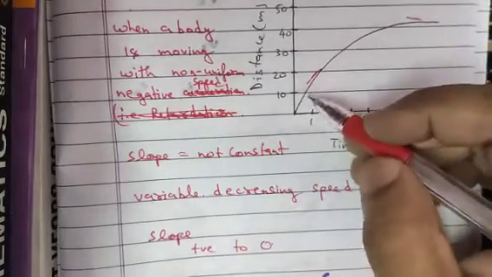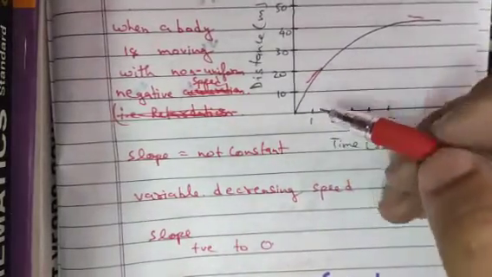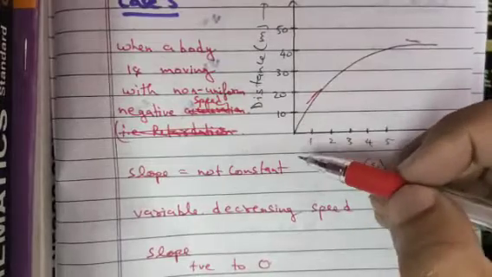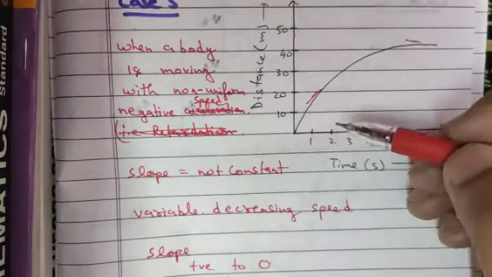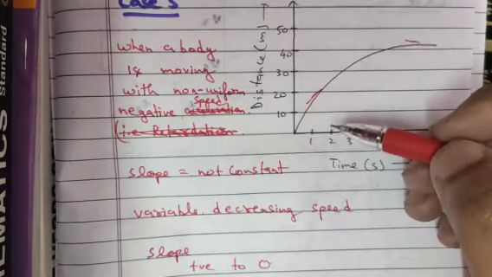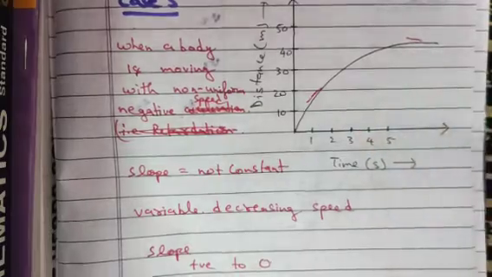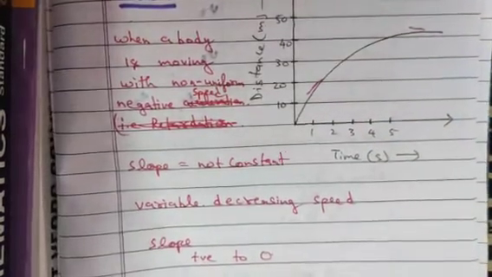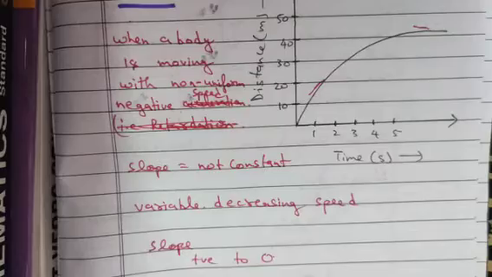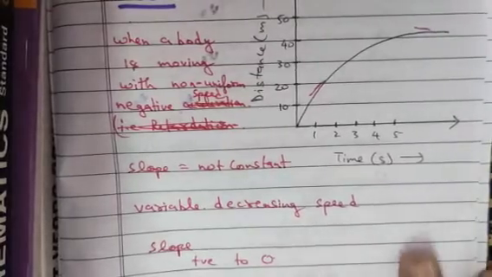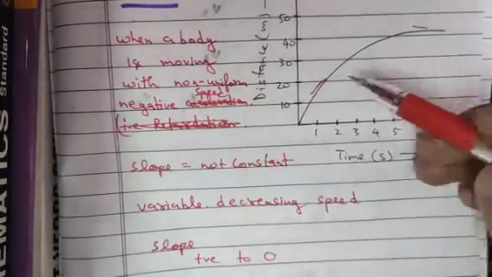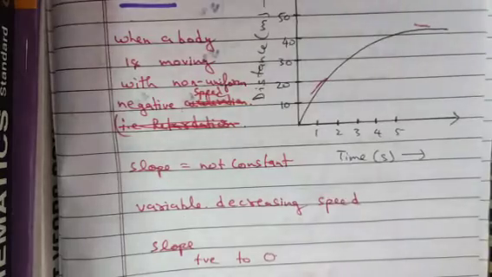That means the slope is decreasing. So this graph indicates that the body is moving with non-uniform speed and decreasing speed, variable decreasing speed. Okay, the slope will be non-uniform and negative.